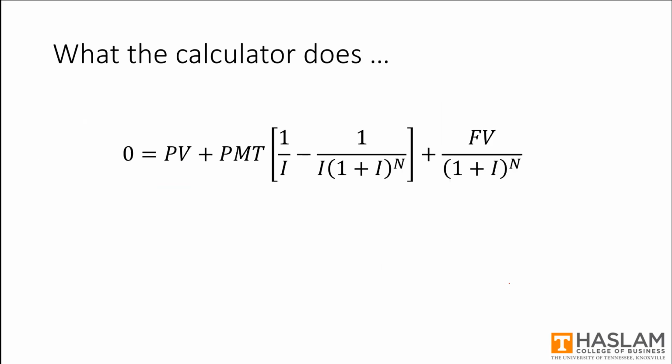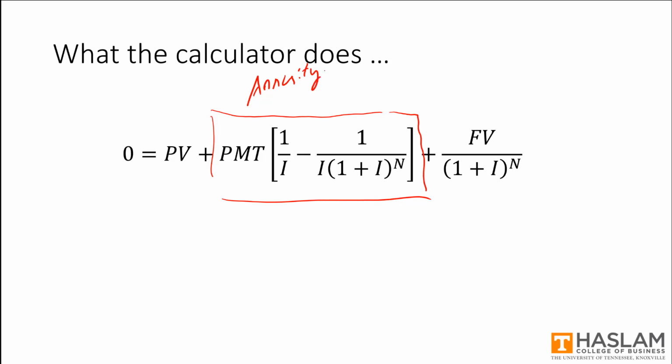Okay, so what does the calculator actually do? Well, it solves an equation. Here's the equation, and this should look vaguely familiar, at least certain parts of it do. So let's start here in the middle. You'll see that we have the present value of an annuity here. Then on the right side, we've got the present value of a single future cash flow.